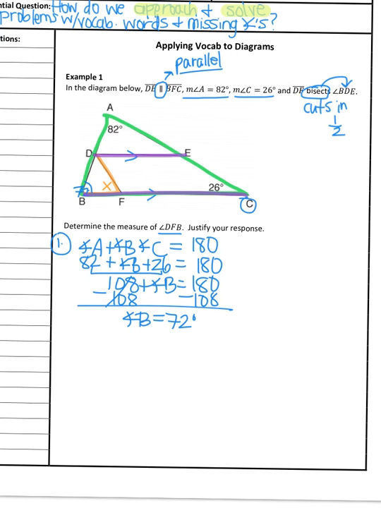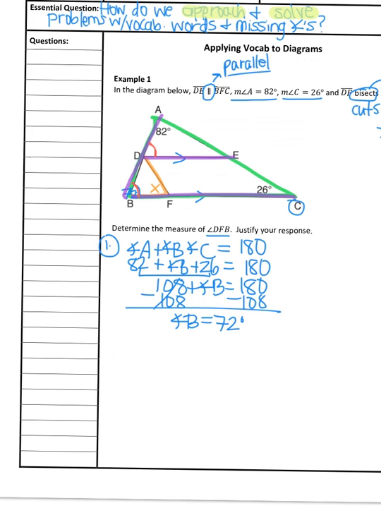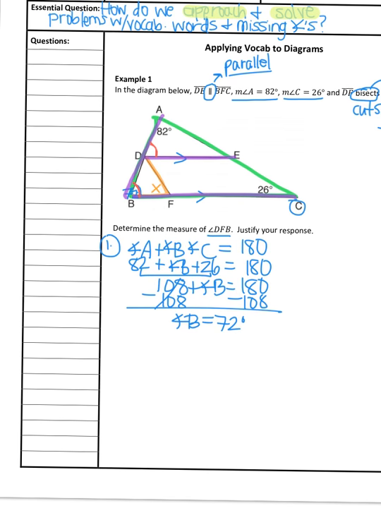Now if I highlight the transversal that cuts through them, the transversal I'm talking about in this case is going to be ADB. Where those purple lines meet up are going to be a pair of angles that are congruent. So the angles right here and right here, that 72-degree angle and this red angle up top, are called corresponding angles because they're in matching locations where a transversal meets a parallel line.